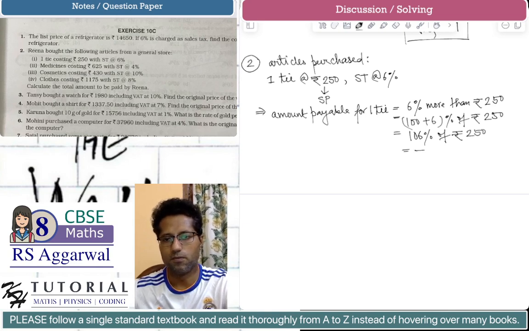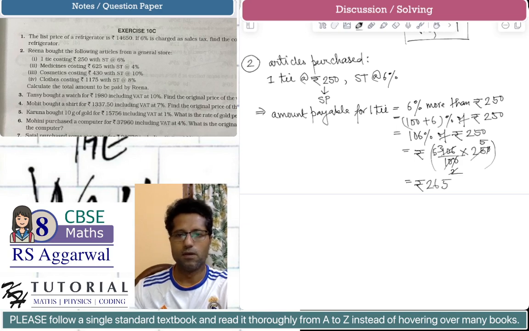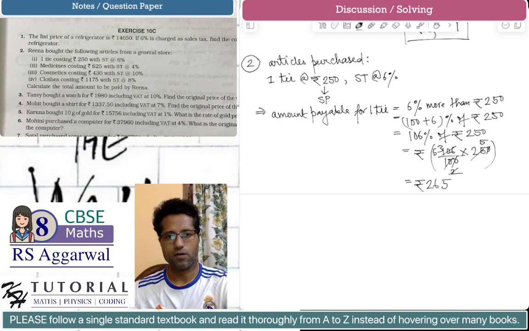This is equal to 106 divided by 100 multiplied by 250. 0 0 cancels out. 5 2 5 5 and 5 3 is 265. So one tie, the amount payable for one tie will be rupees 265.